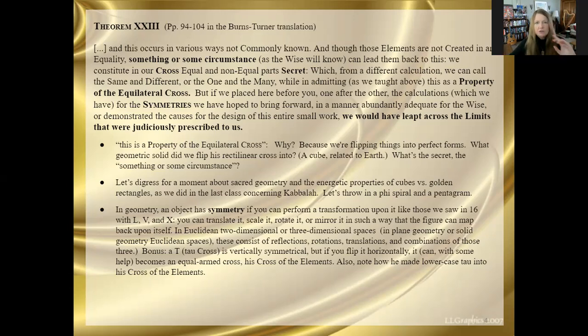Now, in Euclidean two-dimensional geometry, the geometry of the so-called Euclidean plane, which we talked about in many different ways with conic sections, with that parabola and the solution to the Delian problem in Theorem 20, symmetry is a very important concept. You have the same thing in three-dimensional Euclidean geometry, which would in effect, both of those would be modern Cartesian geometry.